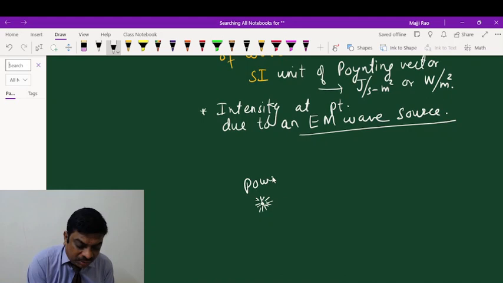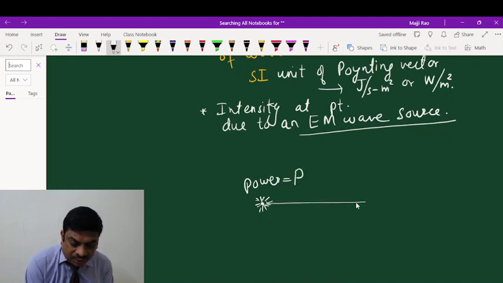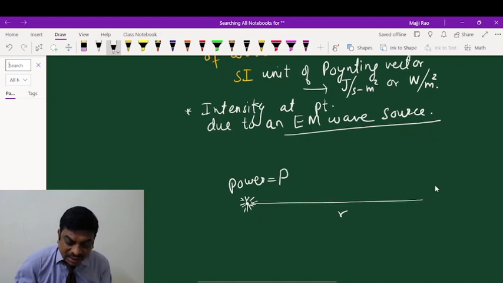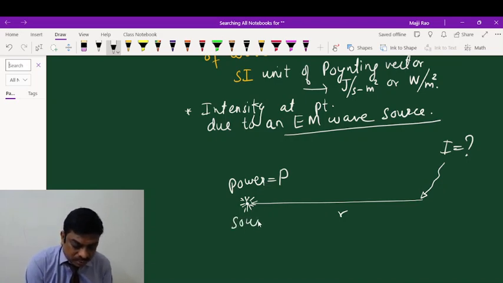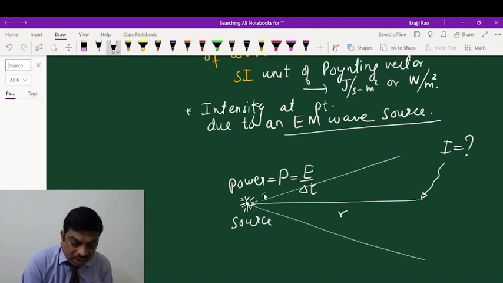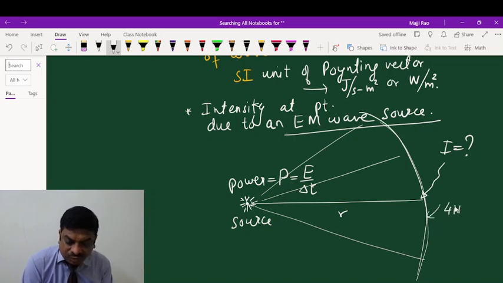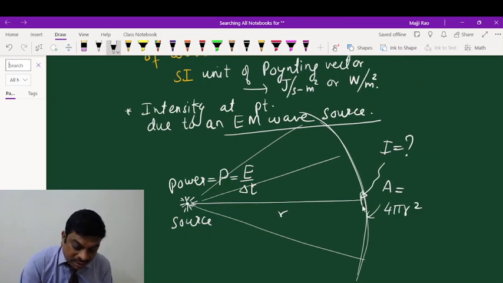Let us say its power is P. Now we have to find the intensity at this point at a distance r from the source. Power is nothing but the energy radiated per unit time, and this energy gets spread over a spherical surface of area 4 pi r square.